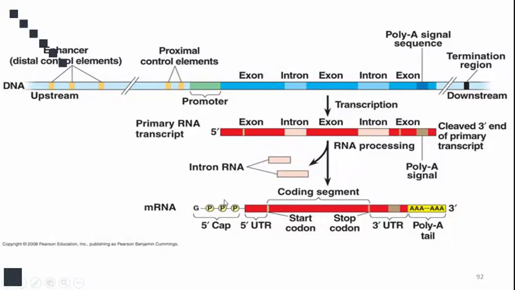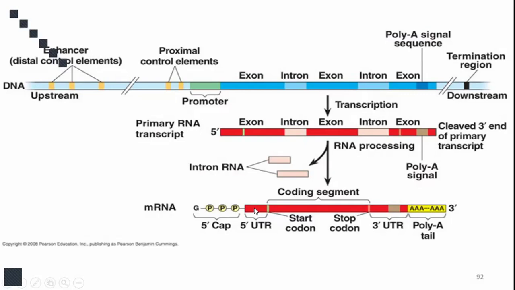Now, during that process, then the cap, which is formed by the 7-methyl-guanylic acid, can you see it here? This is the cap formed by the 7-methyl-guanylic acid, at the 5' position.